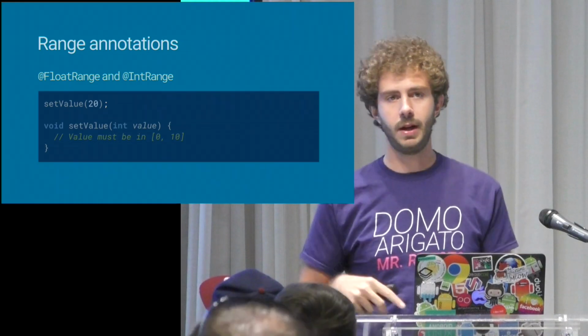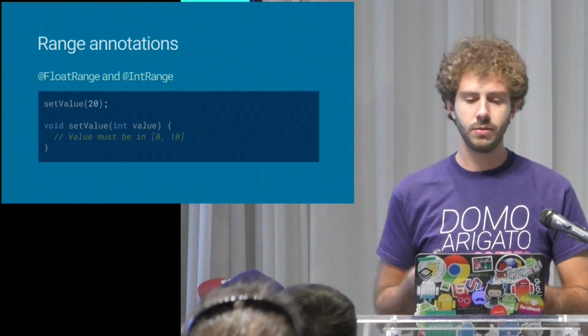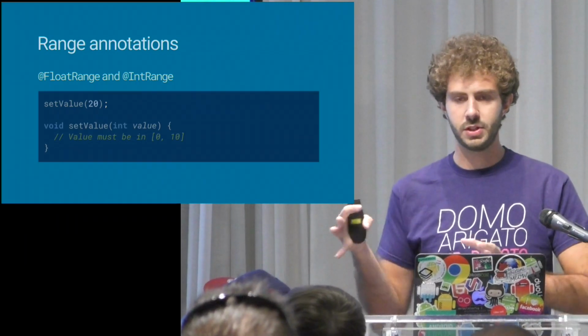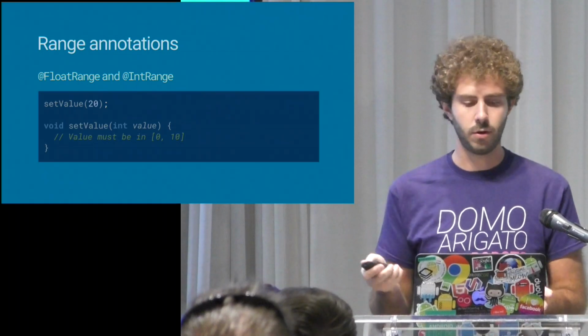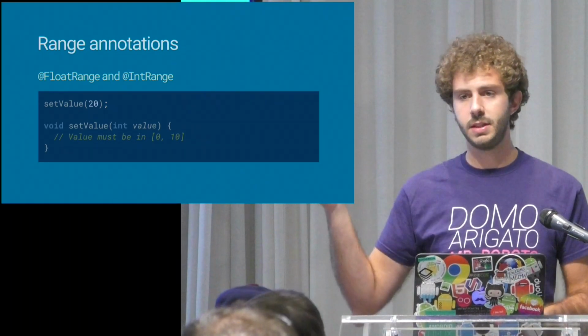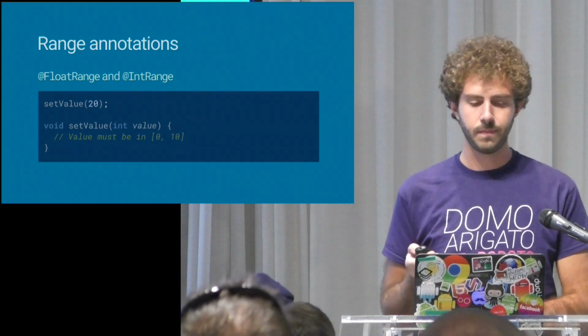Next up, ranges. There is, again, no safety net or contract when you're just dealing with normal numeric values. You can use the FloatRange and IntRange annotations for that.